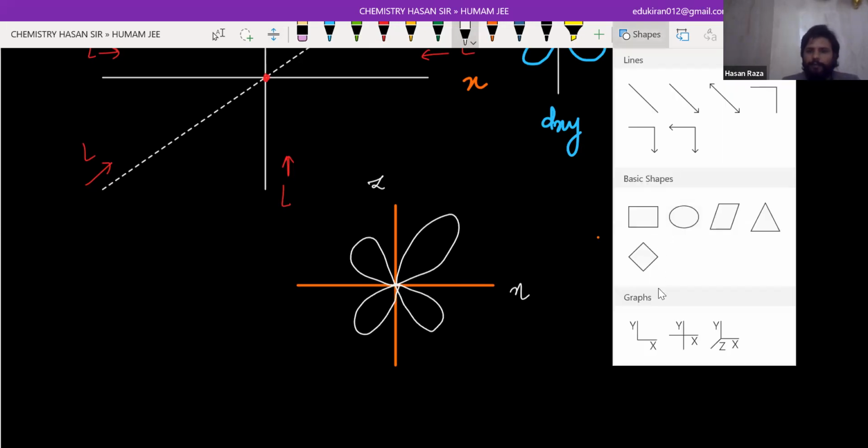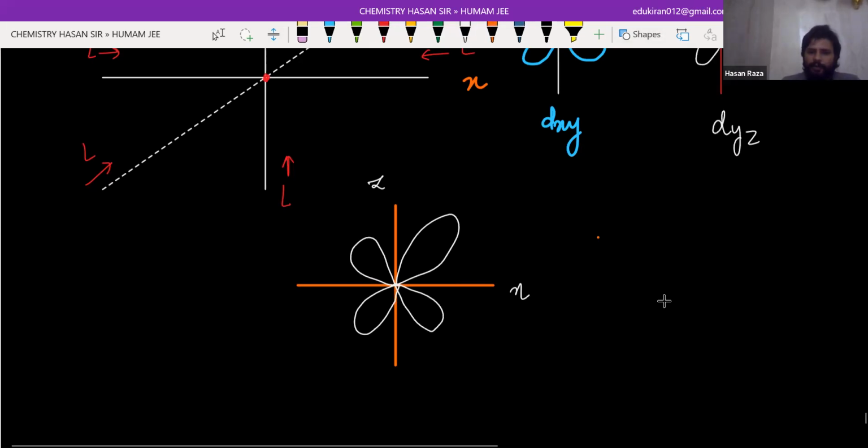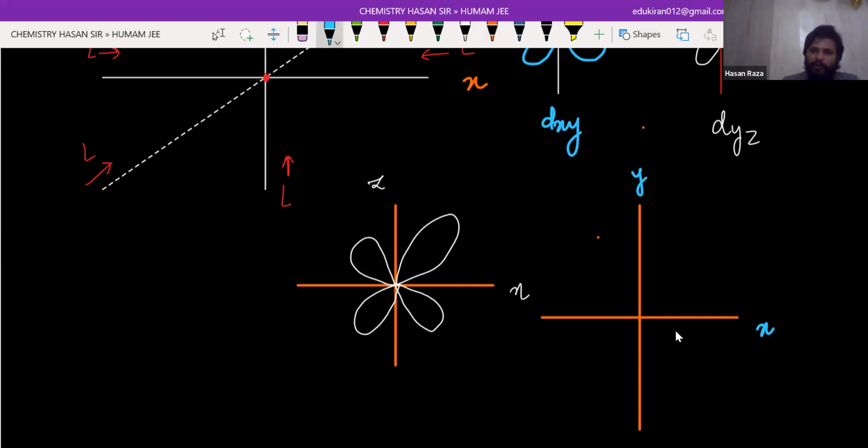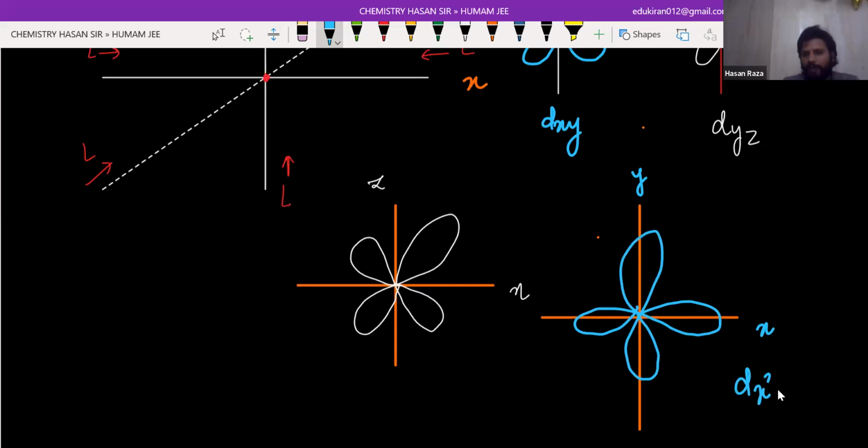And for dx square minus y square, the other two are a little different. Dx square minus y square will be on the axis. All of dxy, dyz and dxz are between the axes, but this one is on the axis.